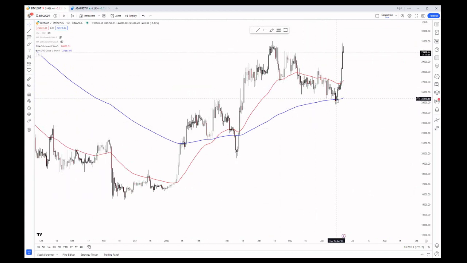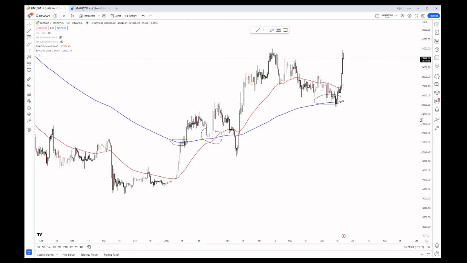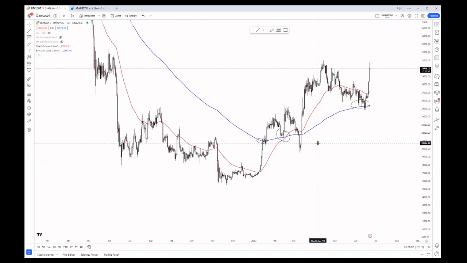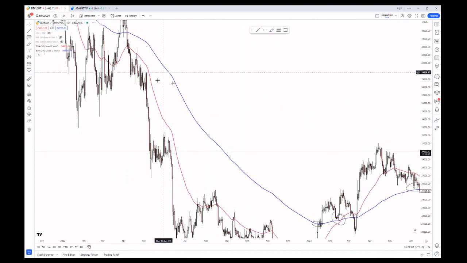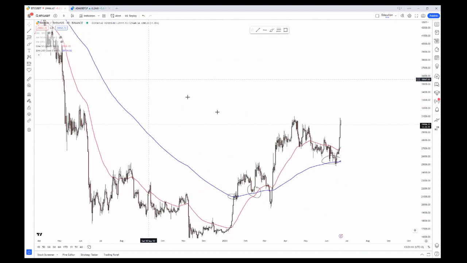So also, as you can see, a lot of times, in this case, the 200 exponential moving average is kind of support. So around here, it acts as support. So on charts, the moving averages can tell us that there will be a point where price is rejected or where price bounces.